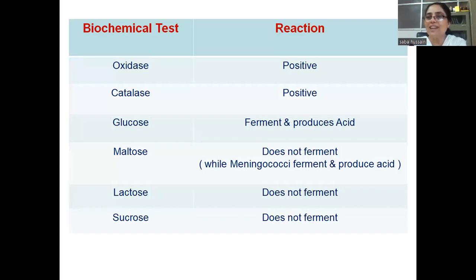Now coming to the biochemical reactions of Neisseria gonorrhoeae. On just one slide, I have put all the important biochemical reactions that you have to remember for test purposes. That is, it is oxidase and catalase positive.